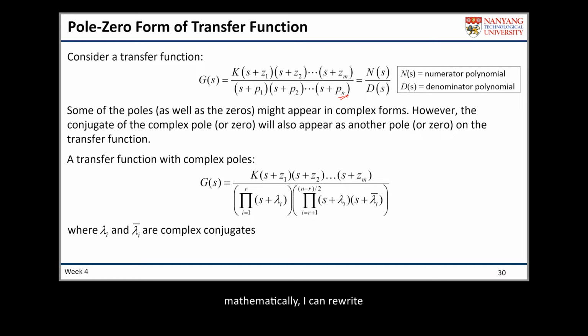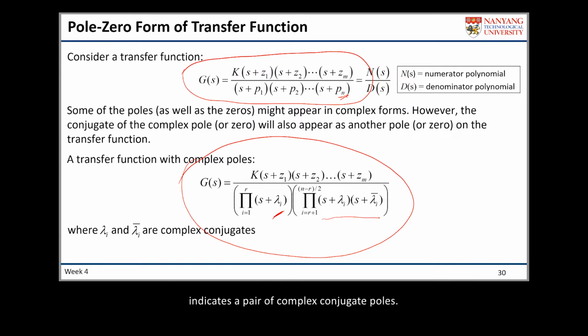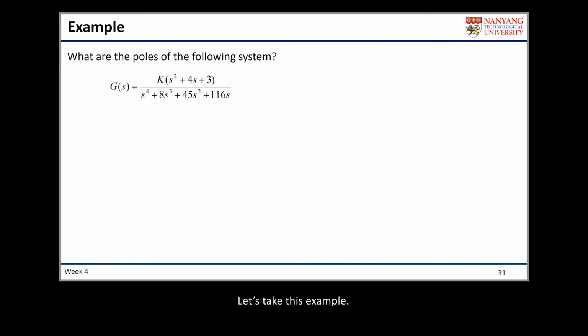So in short, mathematically, I can rewrite this transfer function into this form, where this first part indicates the real poles, and the second part indicates a pair of complex conjugate poles. Lambda 1 bar is the conjugate of lambda 1 in this case. Let's take this example.